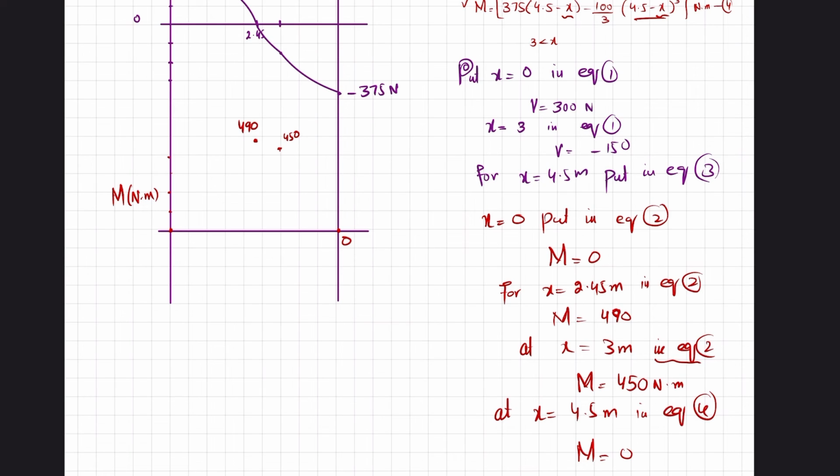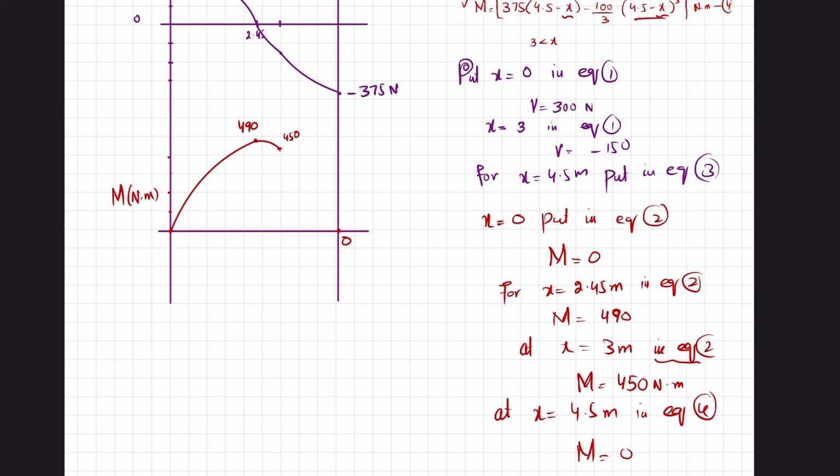You can see the moment will be third degree, so it will be like this, and then it will be smoothly coming to this, and then smoothly coming to, not a straight line. You have to correct it. This is not a straight line.